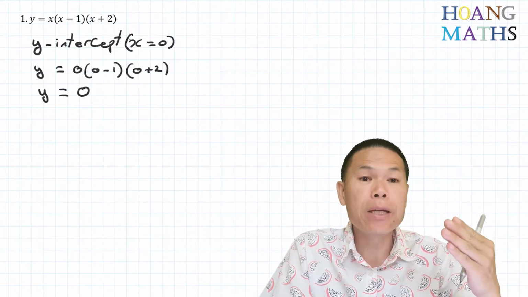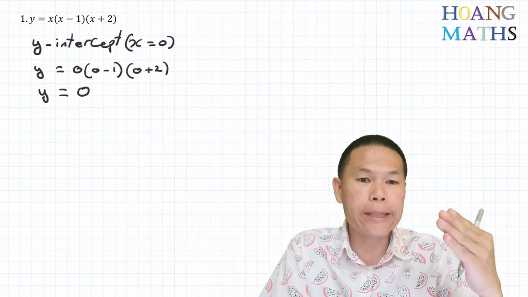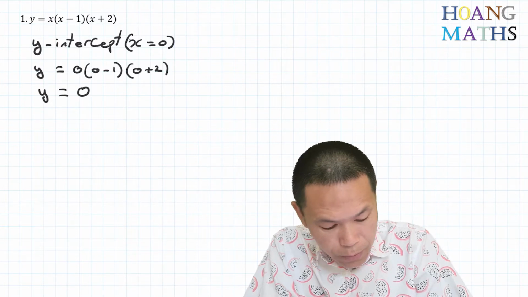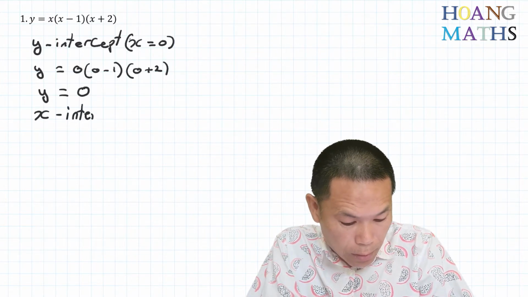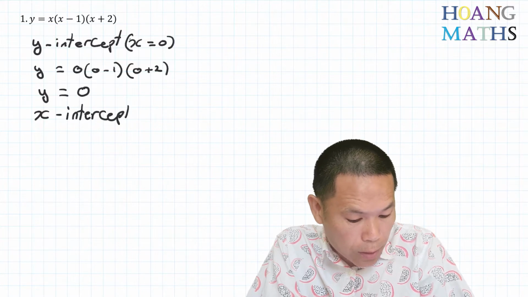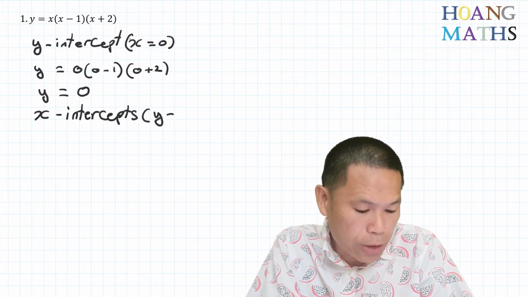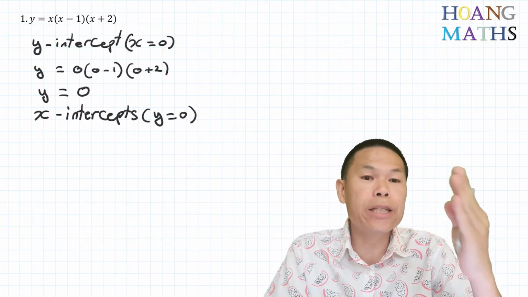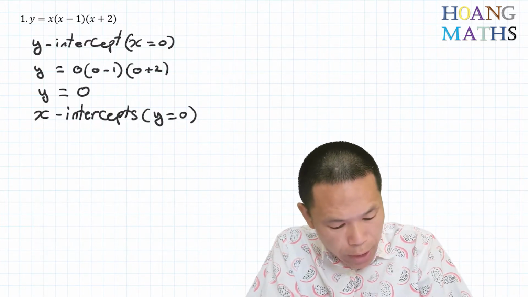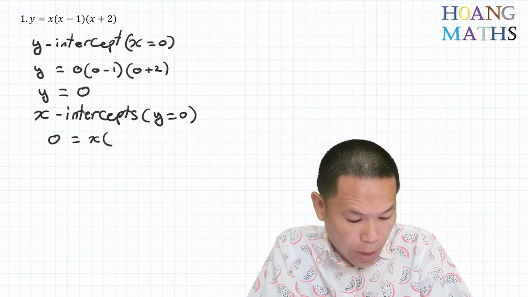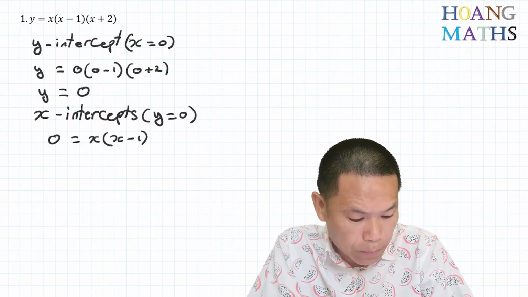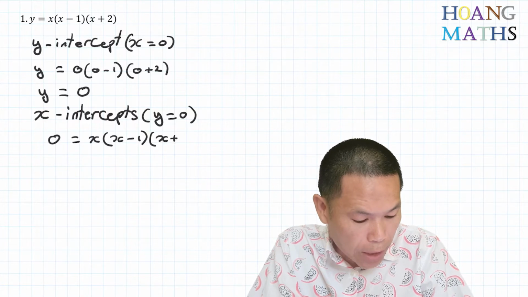Then the second step is we need to find the x-intercepts. This means when y is equal to 0. So that is 0 equal to x times x minus 1 times x plus 2.